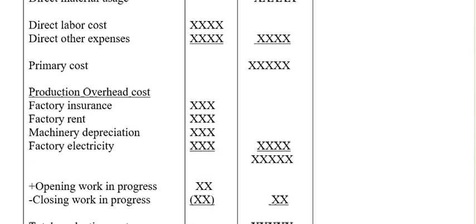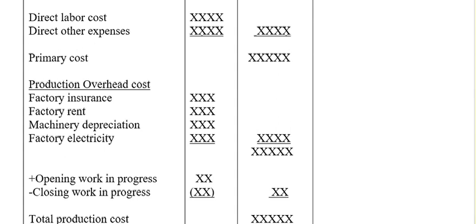Next, production overhead cost. You have to write the title as production overhead cost. Here, no need to classify it as indirect material, indirect labor and indirect other. You can write all the production overhead costs, that means all the indirect costs, under this heading.